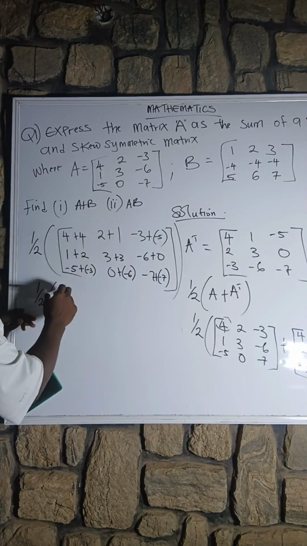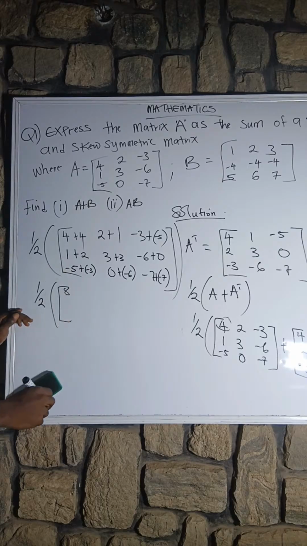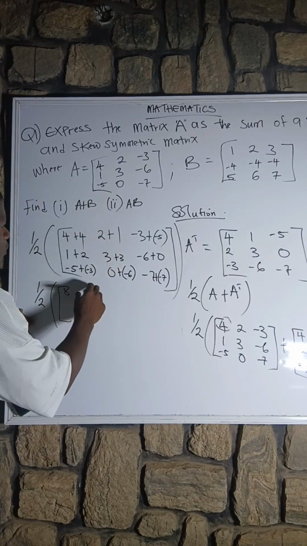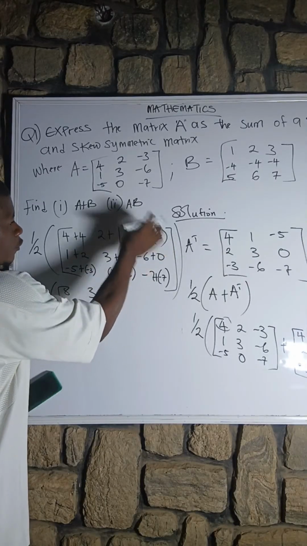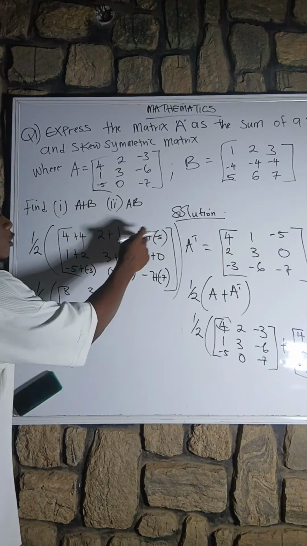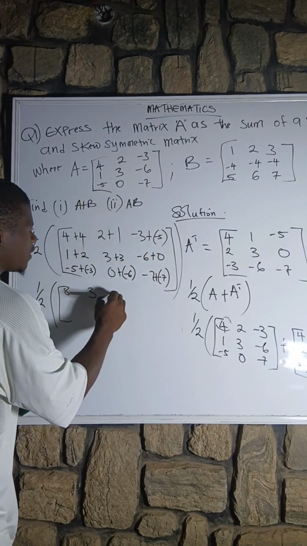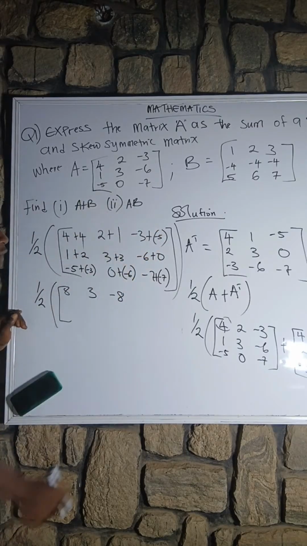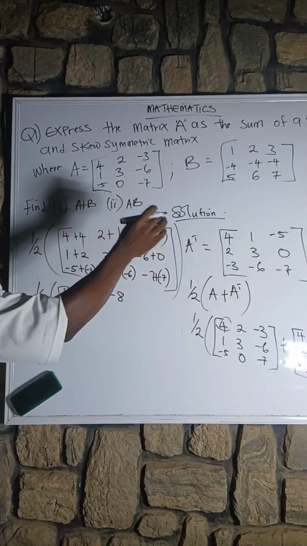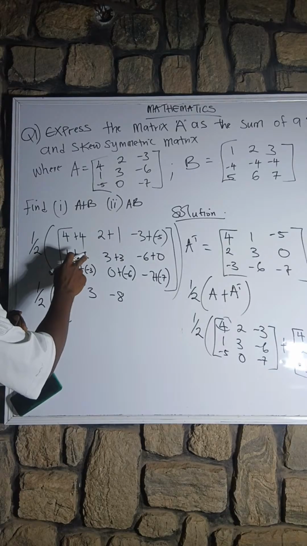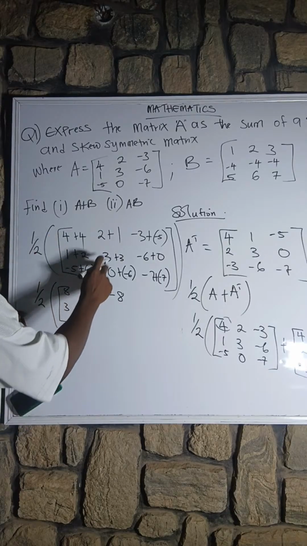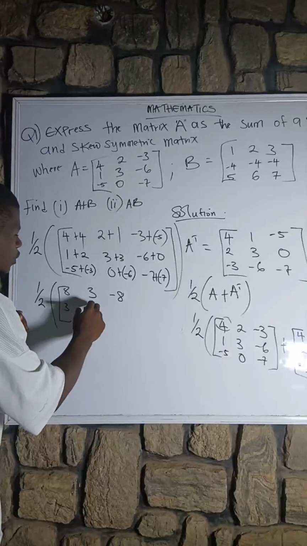4 plus 4 will give us 8. 2 plus 1 will give us 3. Minus 3, negative positive will give us negative. So minus 3 minus 5 will give us negative 8. That's negative 3, negative 5 will give us negative 8. Then 1 plus 2 will give us 3. 3 plus 3 will give us 6.